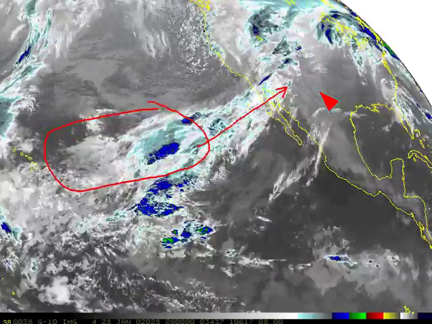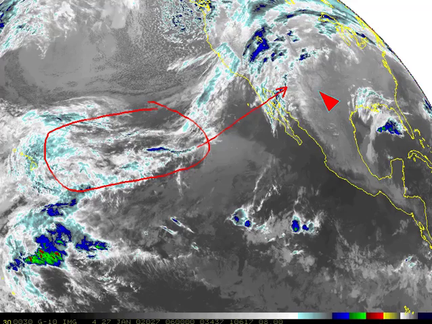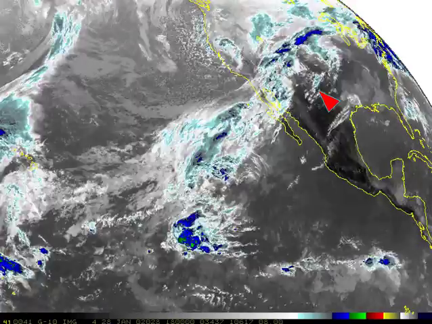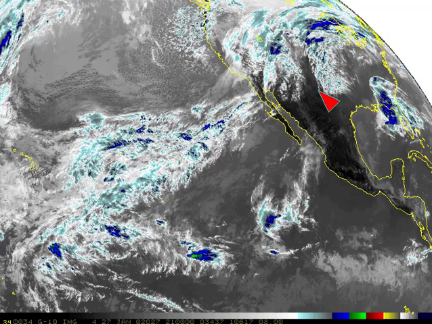And what I might mean by that, I'll need to stop the loop here and go to a particular time. Irregular means we see imagery characterized by something like this here. In other words, we see a lot of space in between the colder cloud top temperatures. This would be characterized as an irregular structure in the appearance of the clouds in the IR imagery.